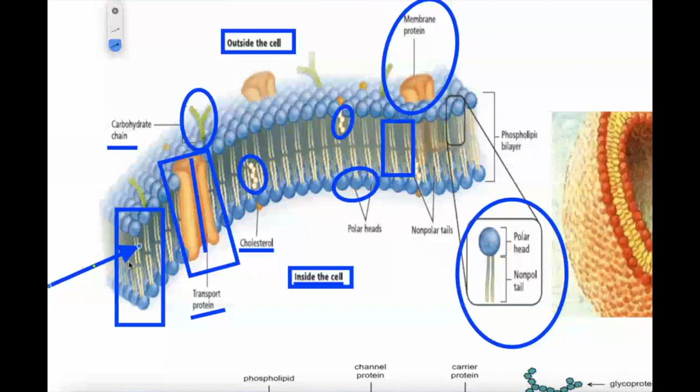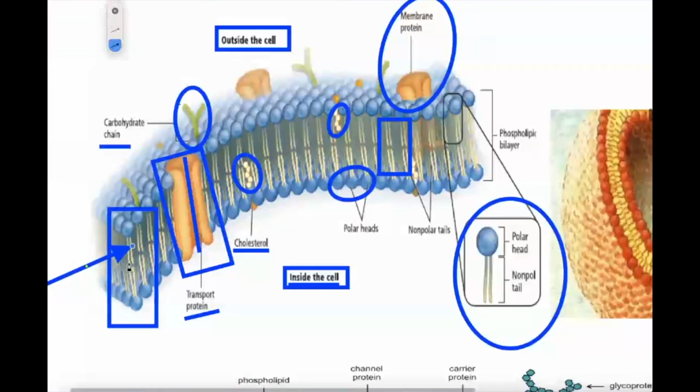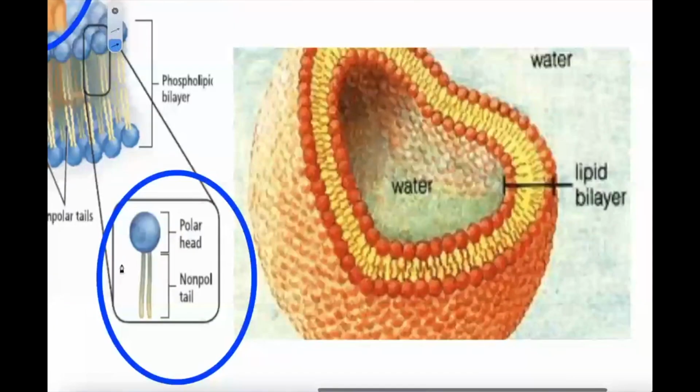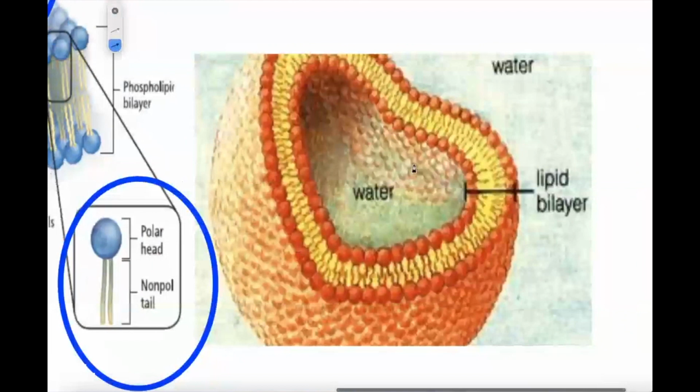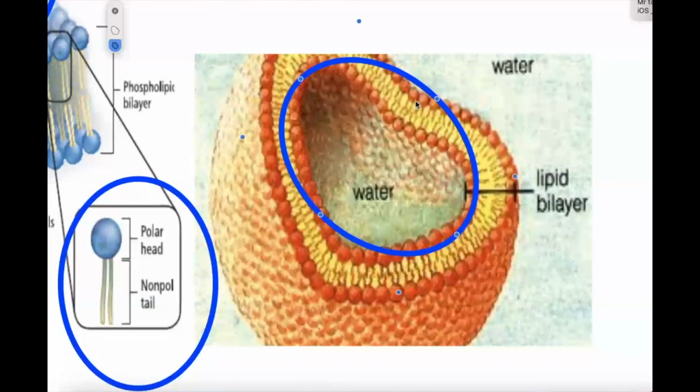Is it clear, boys? Look, I can explain from this diagram. This is a cell. This is the cell membrane of that cell. The cell membrane is a phospholipid bilayer which extends like this. So here is water on the outside of the cell.